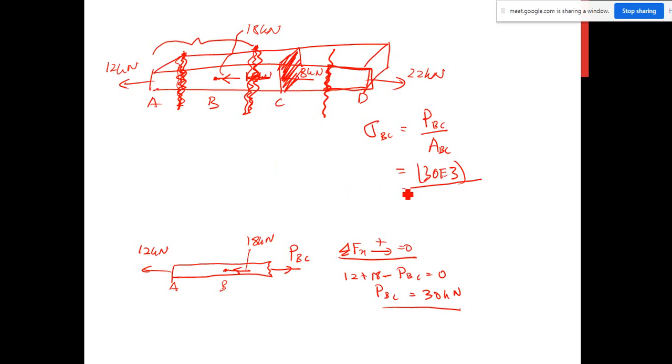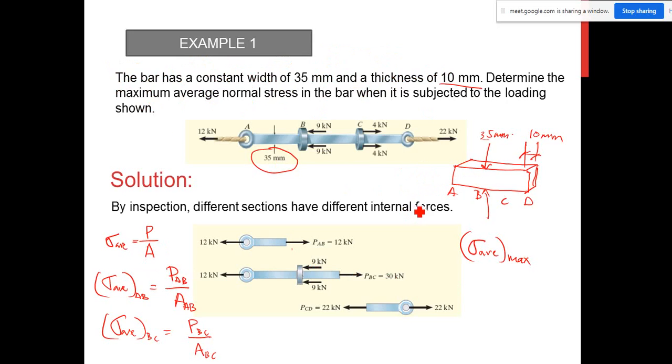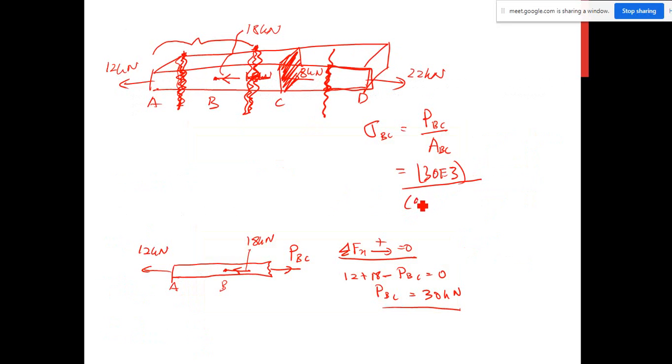So it is equal to what was it? 0.035 times 0.01.